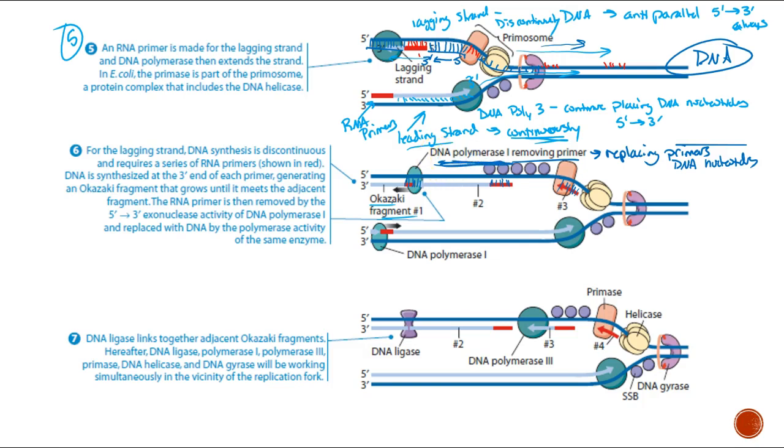But the last step, okay, and that was step 6, the last step is step 7, and that's when we employ DNA ligase, which is our welder. And I say welder, it doesn't actually go in there with a spot welder or a TIG welder or whatever, but it is tasked with actually linking the fragments.